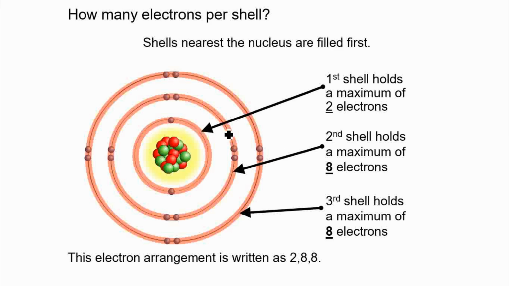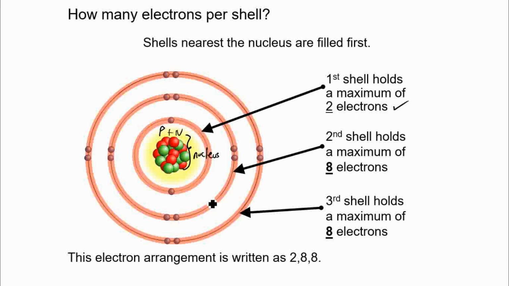Okay, now the electrons are placed on shells. Okay, good, and you need to know the rules for how the electrons are placed on shells, okay? So the innermost part, right here, we refer to as the nucleus of the atom, okay? And then you have your first shell, your second shell, your third shell, okay? And inside the nucleus, you have your protons and you have your neutrons, okay? So the rule is, on the first shell, you can hold a maximum of 2 electrons.